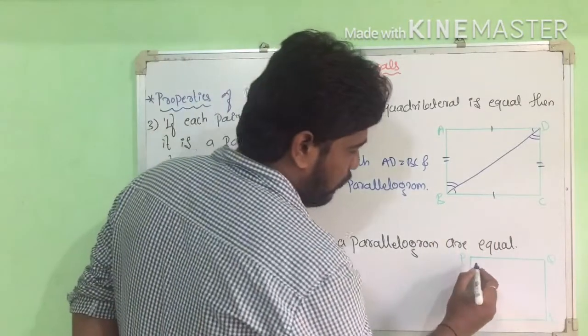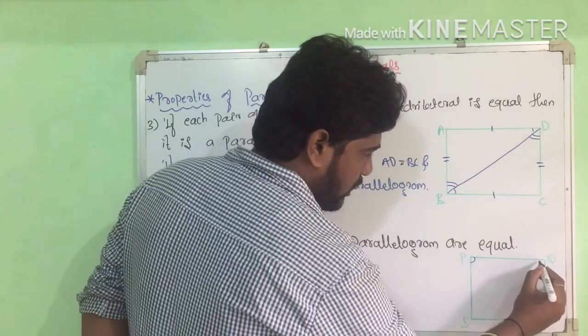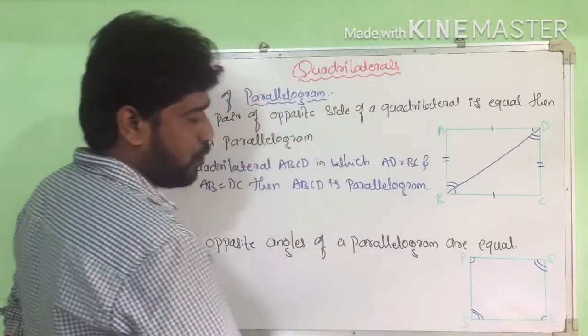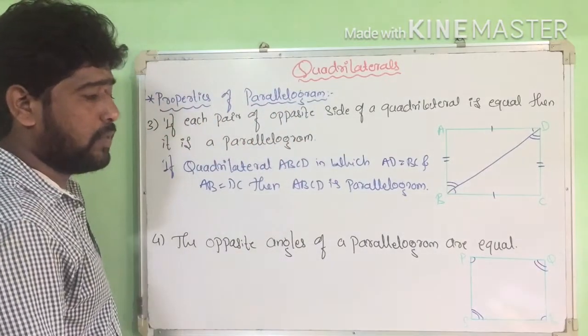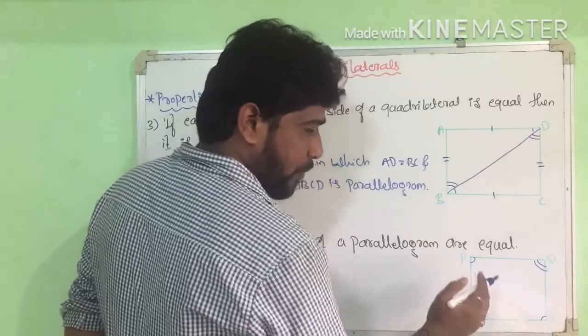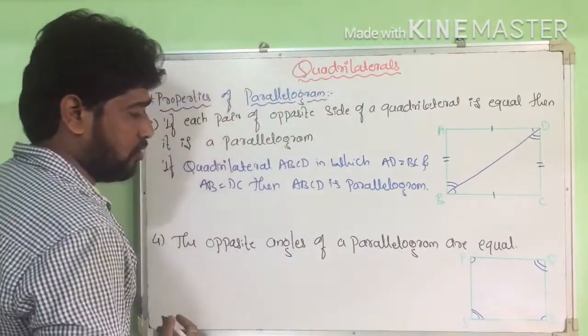So here the opposite angle of P is R. So these two are equal, and here these two are equal. The opposite angles of a parallelogram are equal. If PQRS is a parallelogram, then its opposite angles are equal, right?